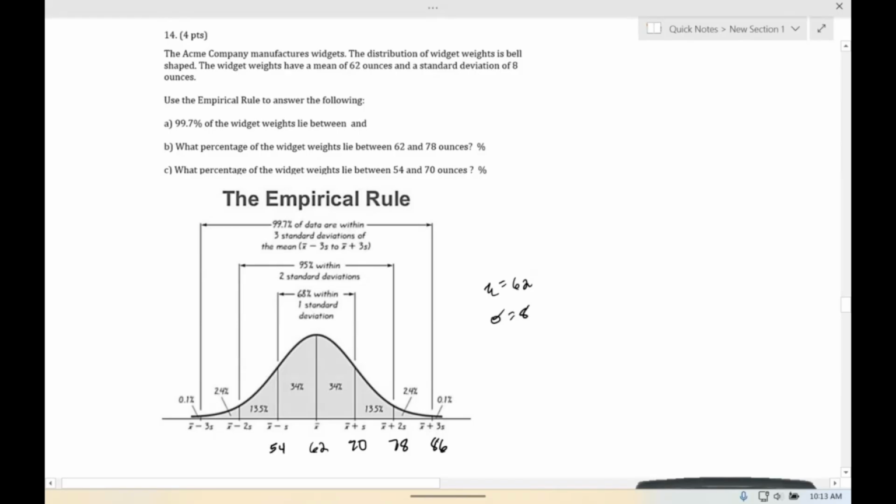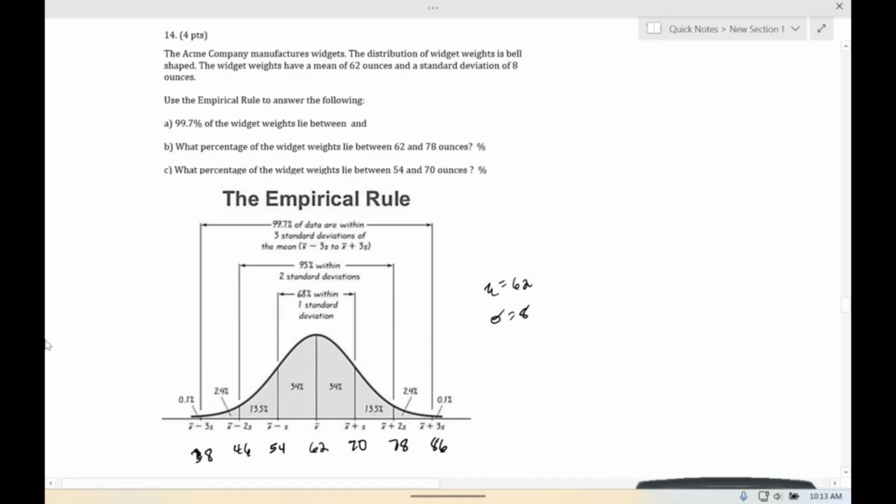I'm going to subtract off 8 again. So 54 minus 8 is 46. I'm going to subtract off 8 again. So we have 38.